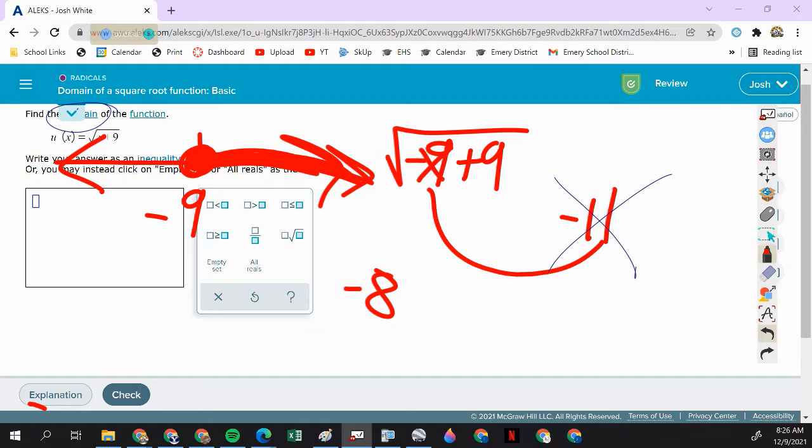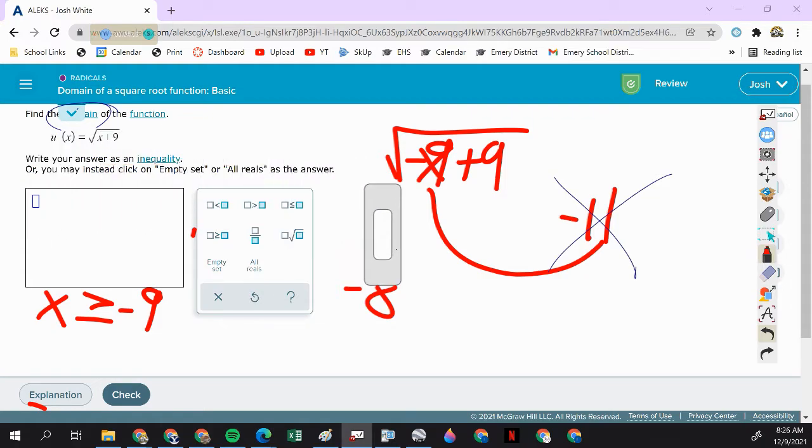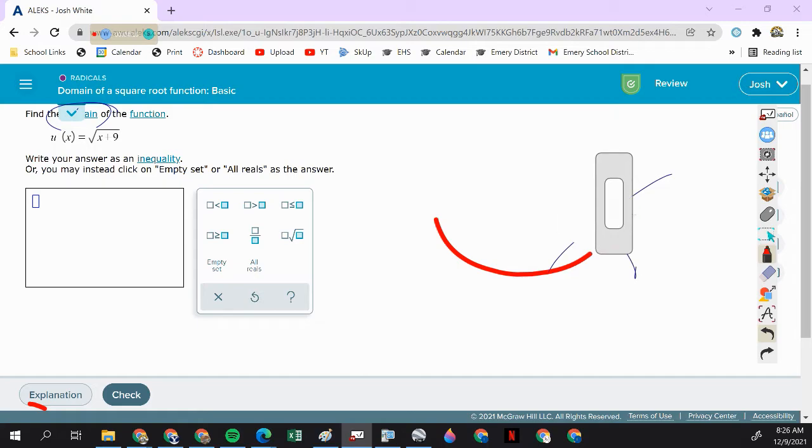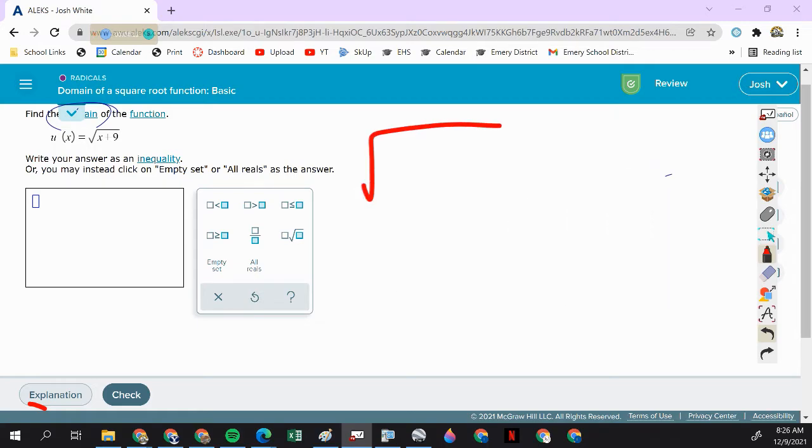So every one of those works. Anything from negative 9 to the right works. But anything left of negative 9 doesn't work. How do we represent that as an inequality? x is greater than or equal to negative 9. Okay? So what's the easiest way to figure that out? Here's what we do.